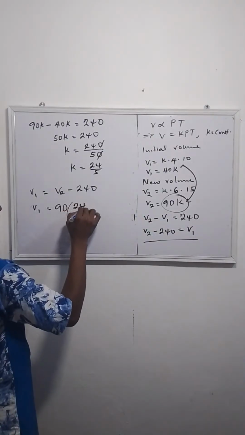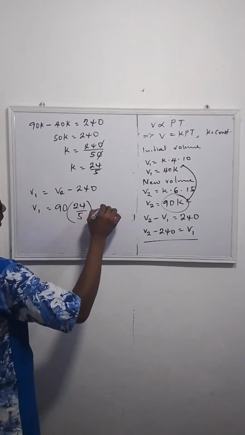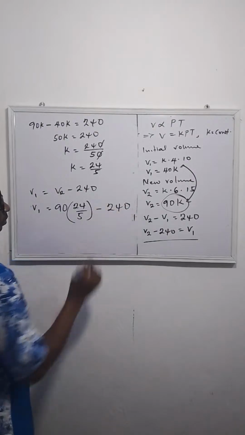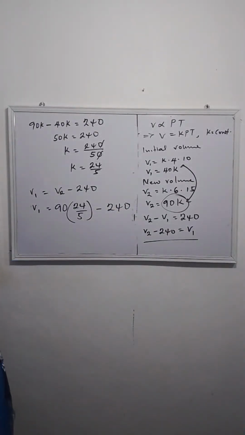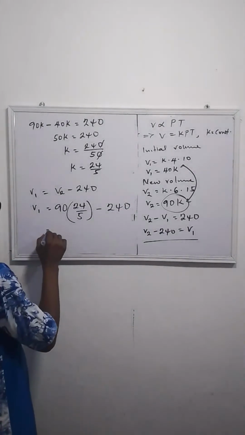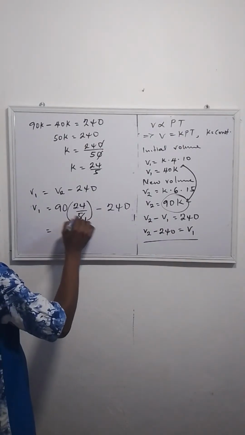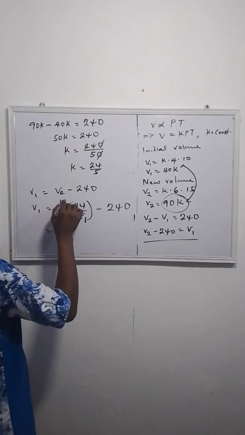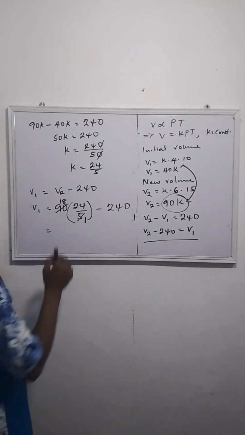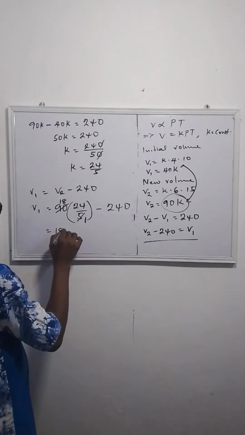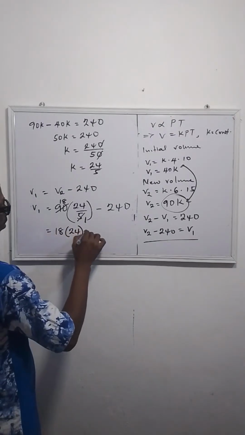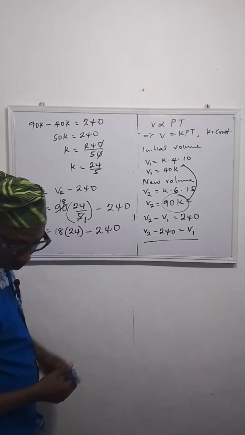We have 240 over 5. So 90 over 5 gives 18. So we have 18 times 24 minus 240.